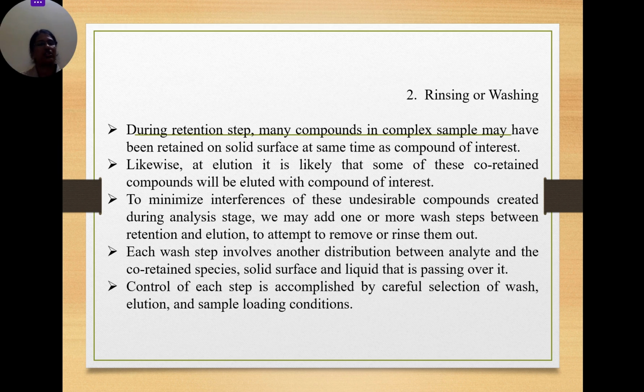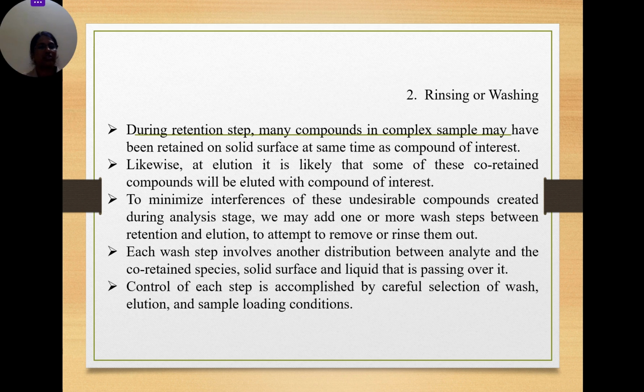So elution plays a major role in getting out, that is, desorption of the analyte from the solid surface. To minimize the elution of undesirable compounds, more washing steps should be done, so that we can get the completely pure analyte concentration of our target. So this has to be done carefully.